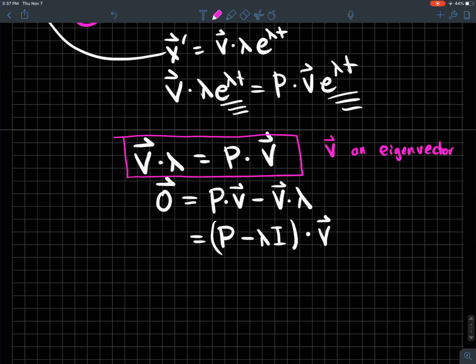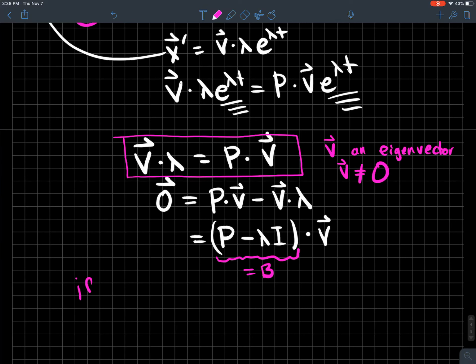And if you remember from linear algebra, we also require that v is not 0. Well, how do we guarantee that v is not 0? We take a close examination of this right here. If this matrix is invertible, so call this matrix B.